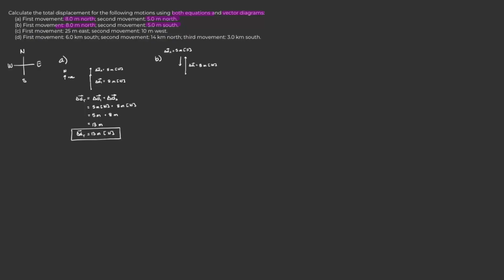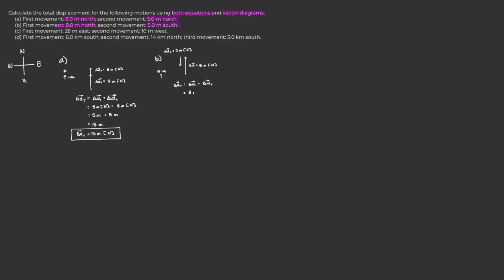Okay, so let's keep the same convention as we did last time, so we'll say north is positive. Okay, and we'll write our equation again. So the total displacement is still the first displacement added to the second displacement, and you'll see how this works if you don't see it already. Okay, we're going to put in our displacements.